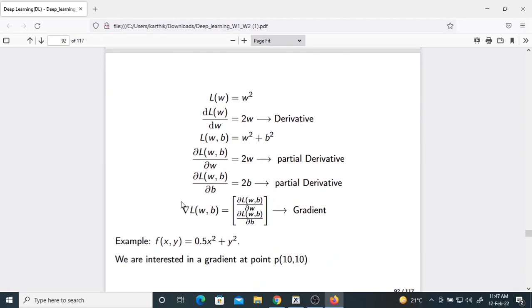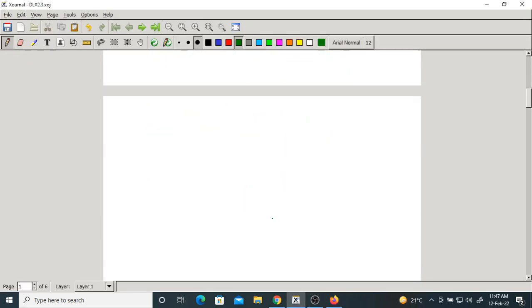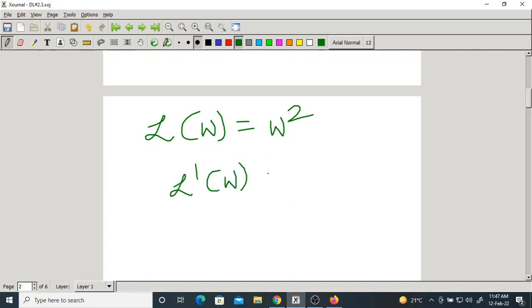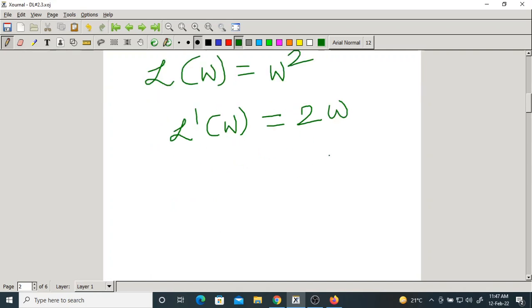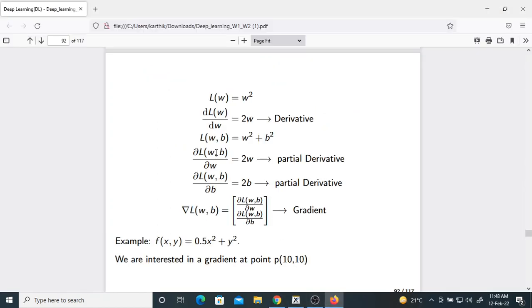Now we should know the difference between a derivative, a partial derivative, and a gradient. Suppose let us take a function of only w, that is L of w equal to w square. You know already, L dash w, that is the derivative, is 2w. Second case, suppose L of w comma b equal to w square plus b square.